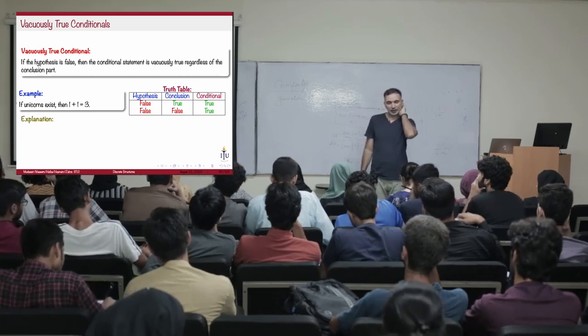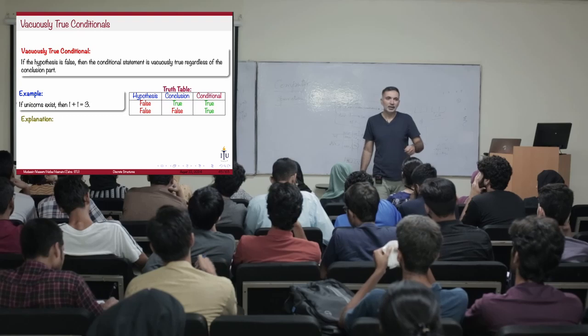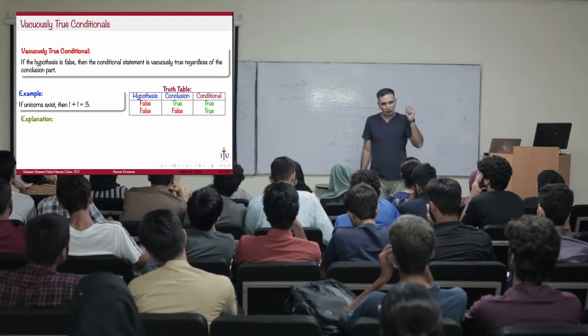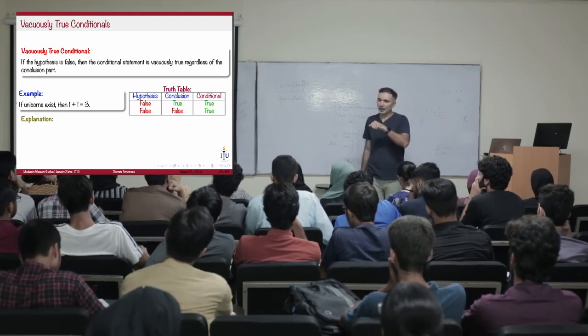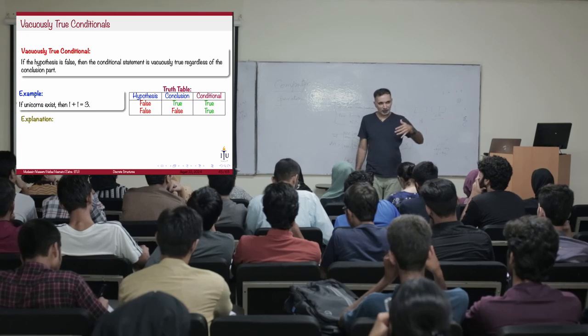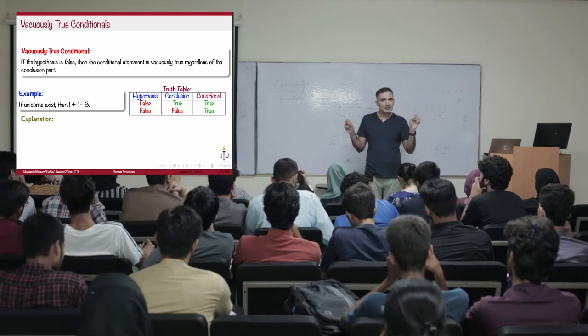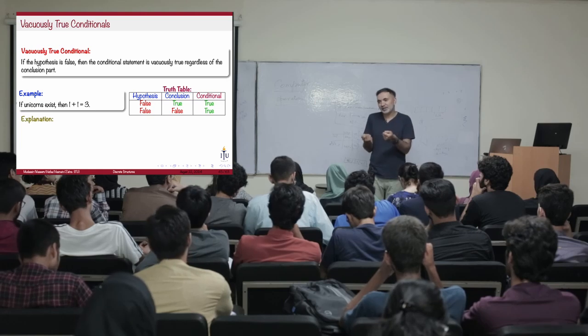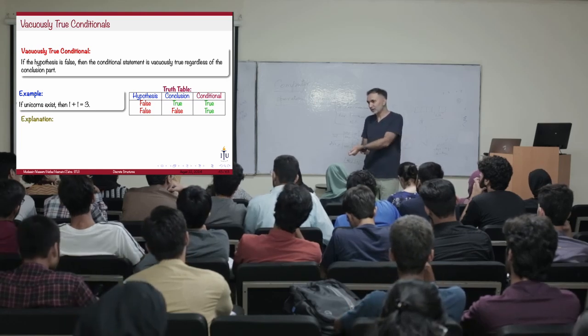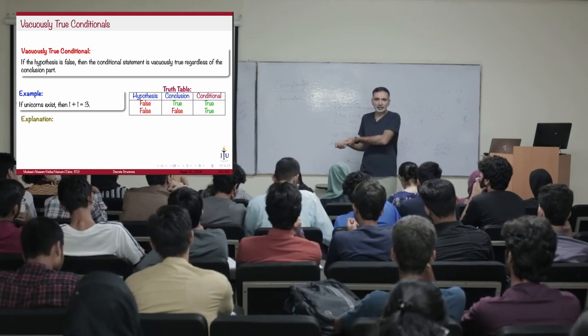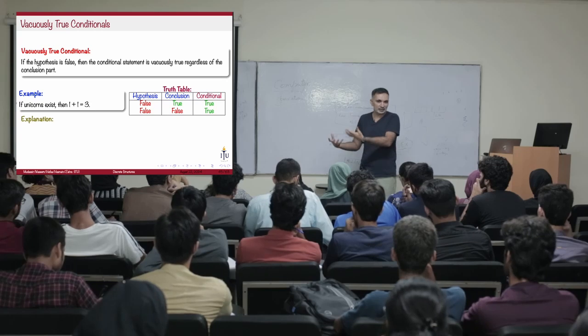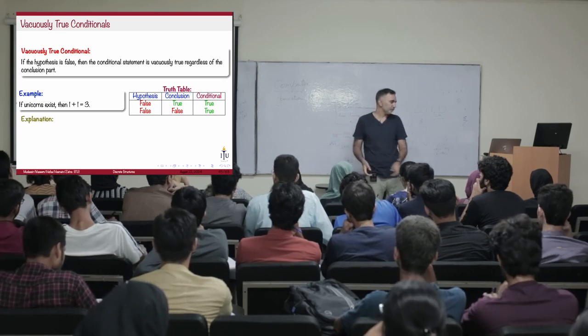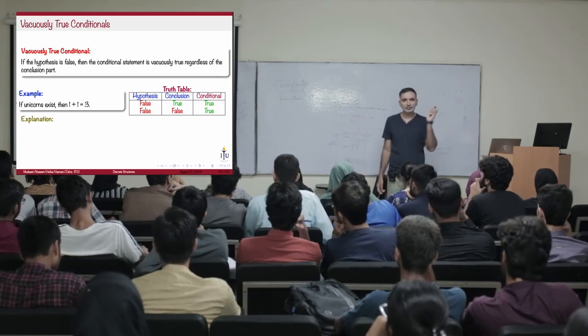So again, if I come back to the same statement, if you score more than 90, you will get an A. If you didn't score more than 90, then this promise is always true. The promise would have been activated if you scored more than 90. The promise is not even activated, which means the promise is vacuously true. Are we on the same page?